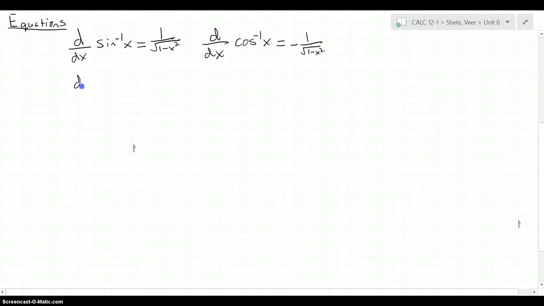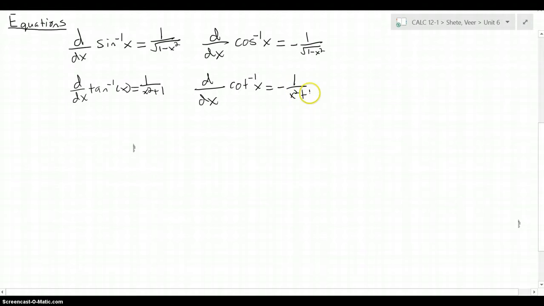For inverse tangent, or arctangent, you could say, our derivative is equal to 1 over x squared plus 1. Cotangent is equal to negative 1 over x squared plus 1.